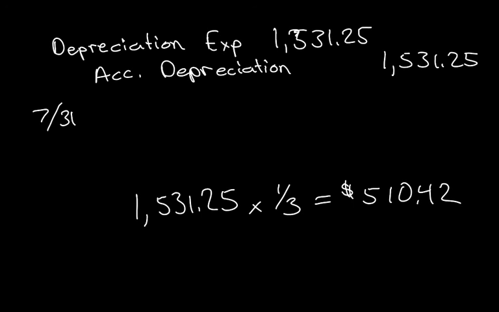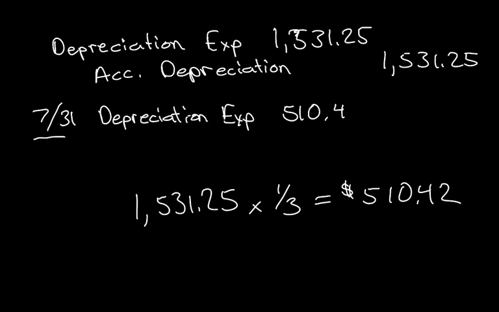So therefore, on July 31st, their journal entry would be depreciation expense $510.42 and accumulated depreciation credit of $510.42.